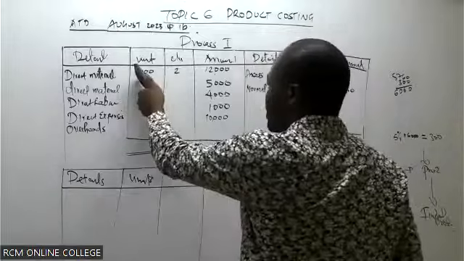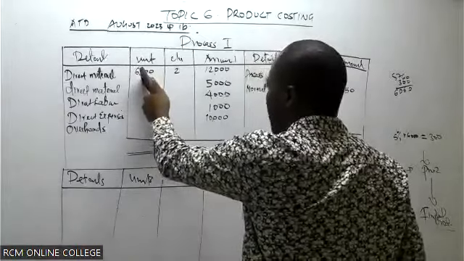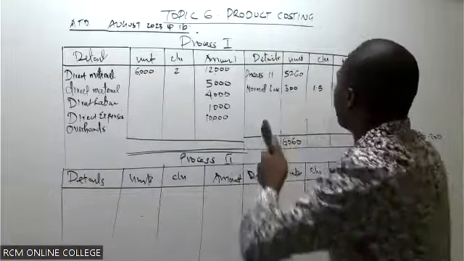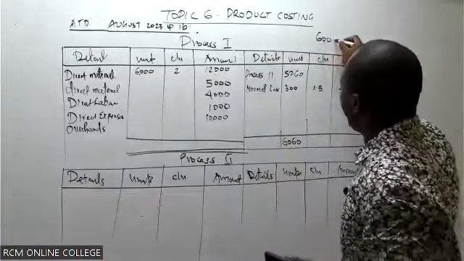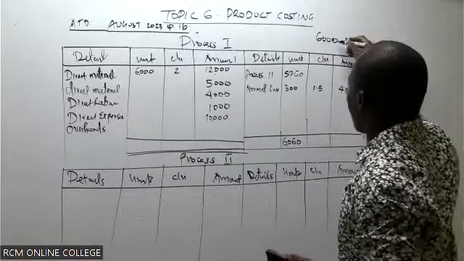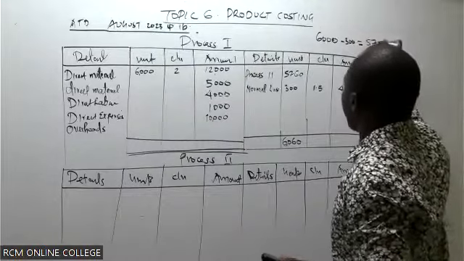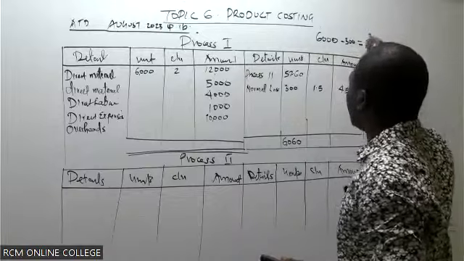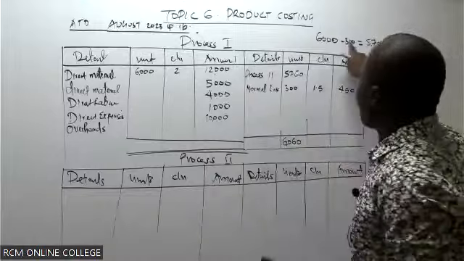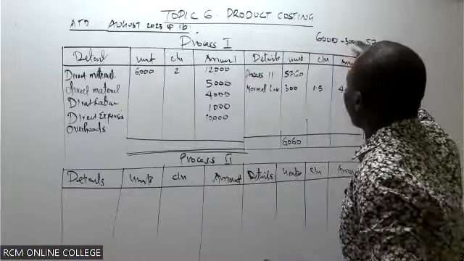You brought in 6,000. The normal loss we have been told here is 5%, which is 300. So if you brought in 6,000, normally you are expected to lose 300. So you are going to have 5,700 as what's supposed to be transferred to process 2 under normal circumstances. It happened that you did not lose the 300.